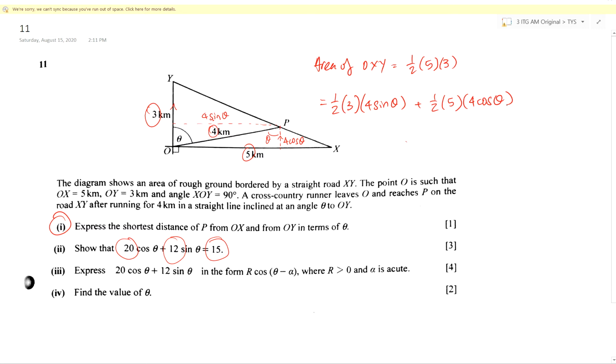So we're going to multiply throughout by 2. So we end up with 12 sine theta plus 20 cosine theta equals 15. So all we need to do is just to rearrange to put the cosine in front. 20 cosine theta plus 12 sine theta, and that gives us 15. Shown.